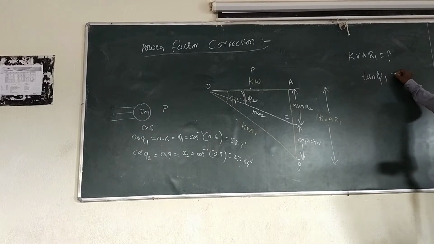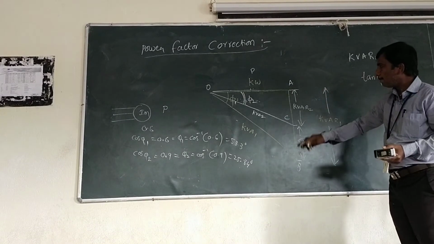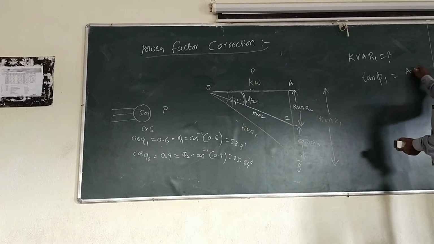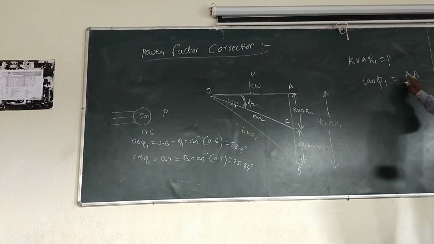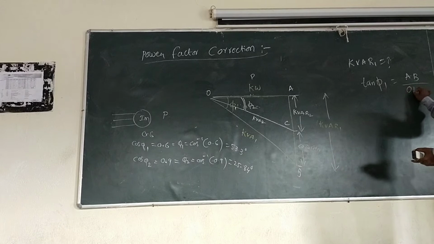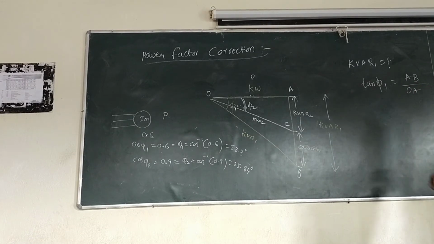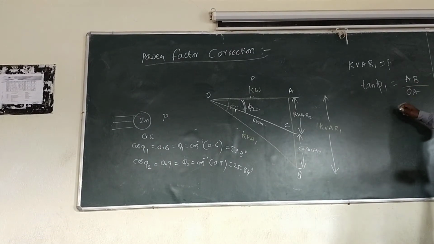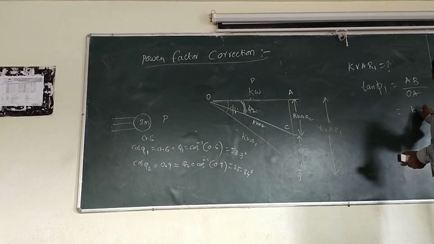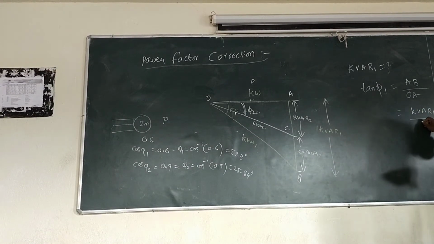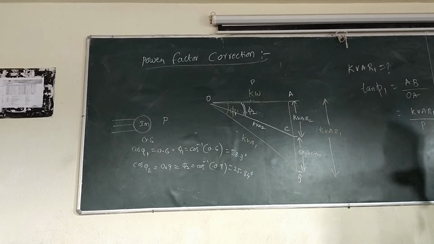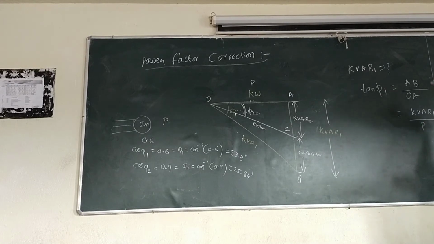Tan phi 1 equals AB, the opposite side, by OA, the adjacent side, where AB is known as kVR1. kVR1 divided by OA, and OA is P, the real power.